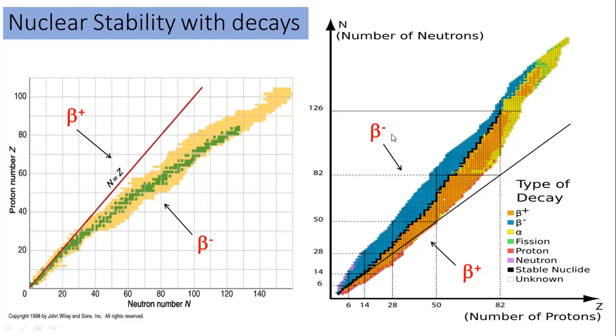So if it is present above the stability line with the number of neutrons on the y-axis, that means the number of neutrons is more, and then it should emit the negatron, because in case of the negatron, neutrons are converted into protons. There is a decrease in the neutrons and an increase in the protons. So they will reach towards the stability line. That's why they will emit the negatron.